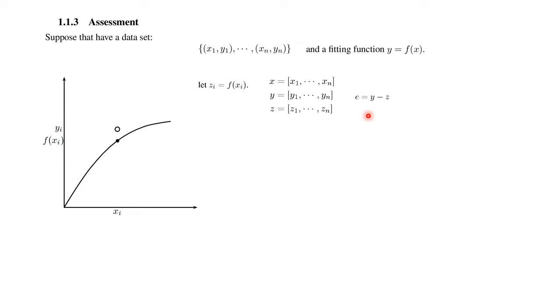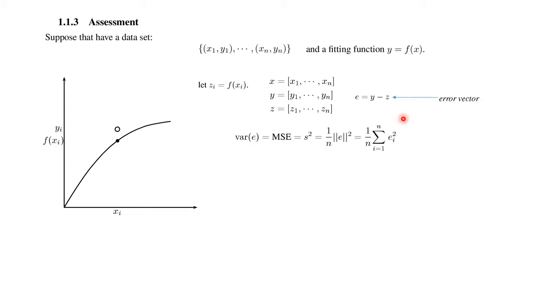And the error will be y minus z. It's a vector. At each xi, we form this error vector, the difference between the y value and the z value, which is the fitting function's value. That's an error vector. And we want the sum of the squares of the errors to be 0.